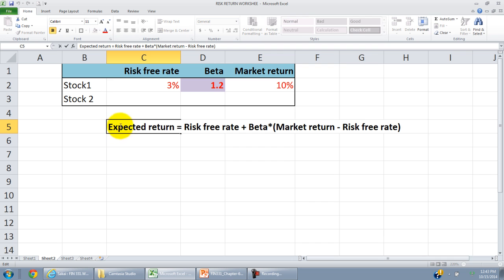So the formula for CAPM is that the expected rate of return equals the risk-free rate plus the risk factor for the stocks, the systematic risk factor, the beta, multiplied by market return minus risk-free rate. So to summarize, first of all, the market return minus the risk-free rate is called the market risk premium.